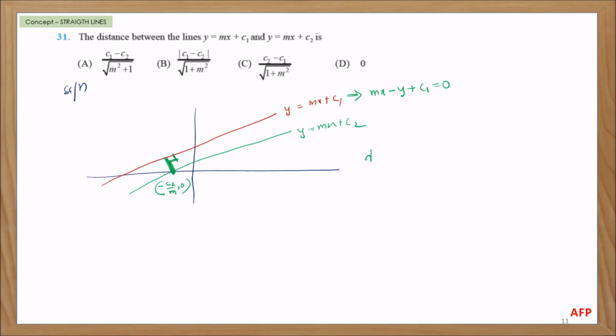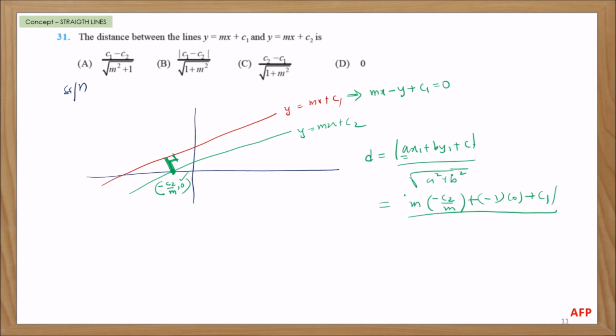So if you go for the distance formula, |ax1 + by1 + c| over square root of a square plus b square. Here a is m, x1 is -c2 by m, b is -1, y1 is 0, plus c1, whole divided by modulus square root of m square plus (-1) square.